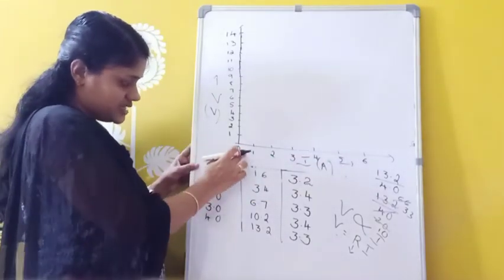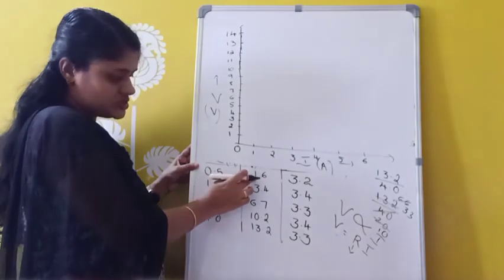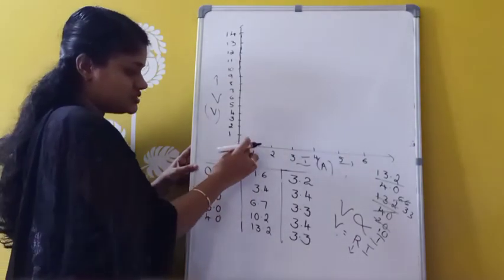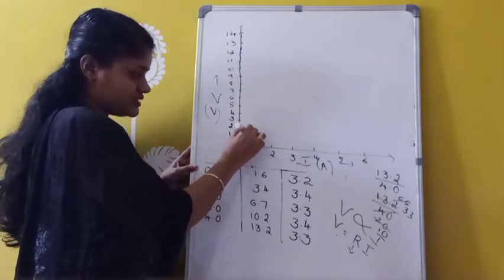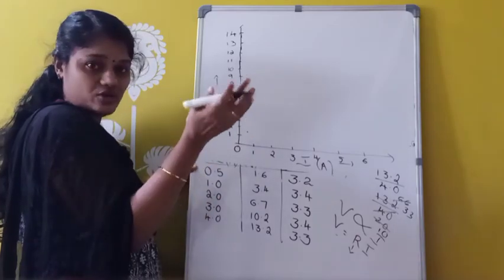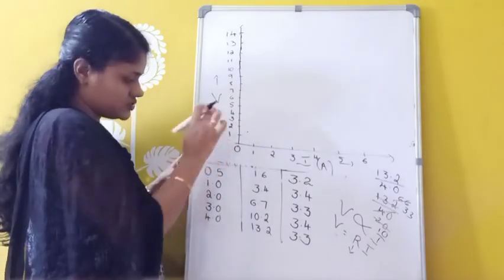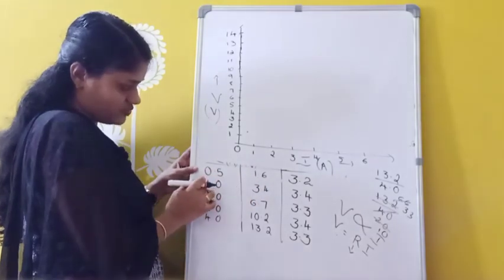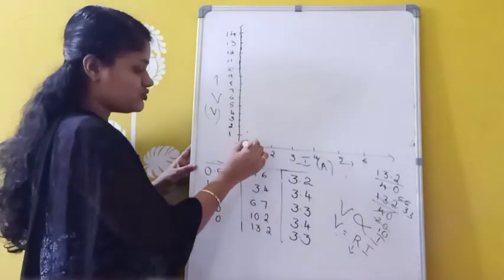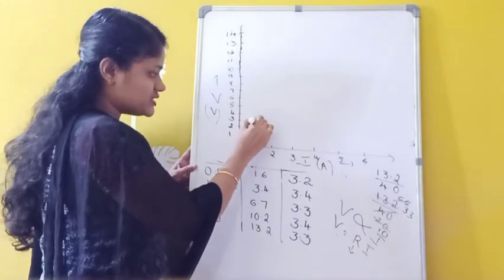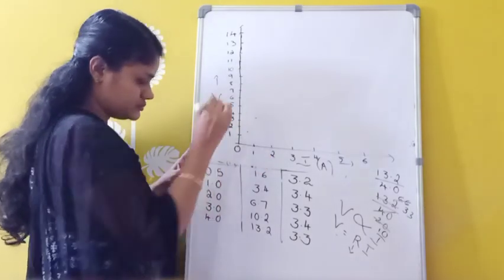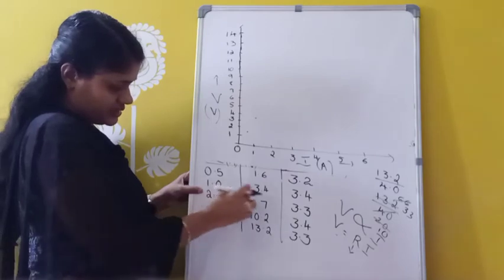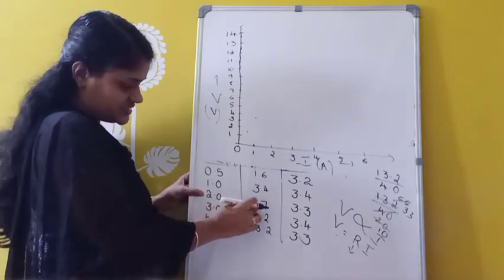Now in the first case, when the current is 0.5, what about potential difference? 1.6. So 0.5, 1.6, somewhere here it will come. Okay. If you have a scale and all, you can do it properly. Then similarly second one, what is the potential difference? So current is 1 and potential difference is 3.4. So 1 and 3.4, somewhere here it will come. Again for third one, current is 2 and potential difference is 6.7.